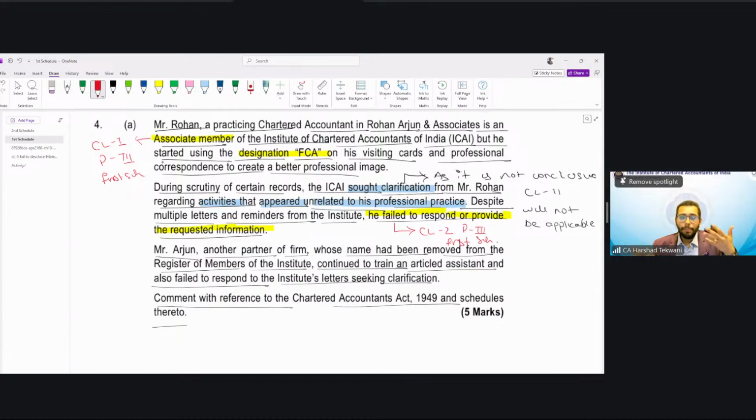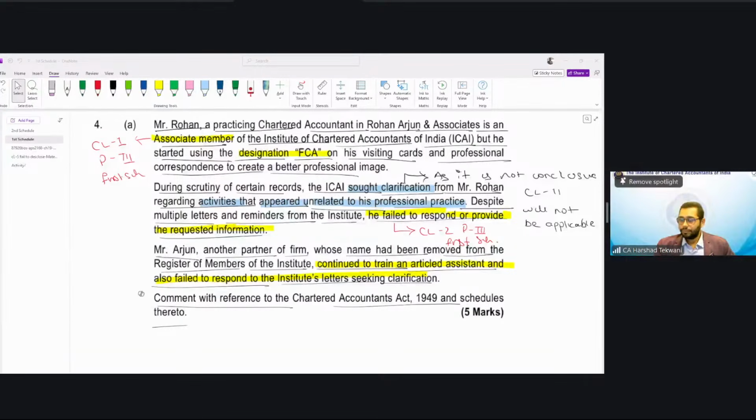Mr. Arjun, another partner of the firm, whose name has been removed from the register of members, continued to train an article assistant and also failed to respond to the institute's letter seeking clarification. Now, this is very important. Continued to train article assistant and he also failed to respond. Now, what will you apply in this scenario?